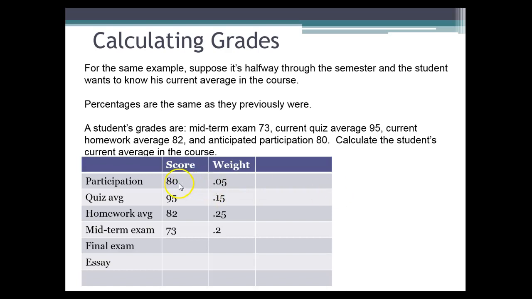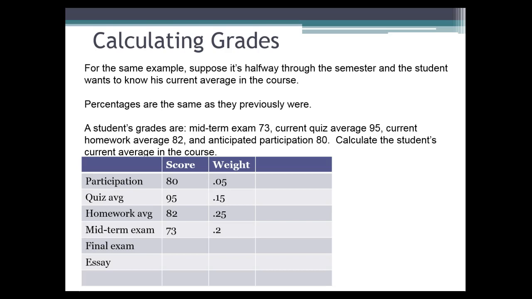So we plug in what they've got. They've got participation score of 80. So far they've got a quiz average of 95. So far their homework average is 82. And so far they got their midterm average of 73. So what's the student's current average in the course?